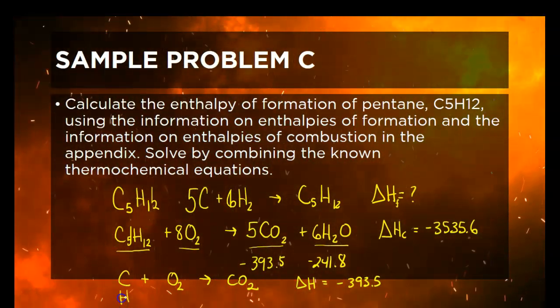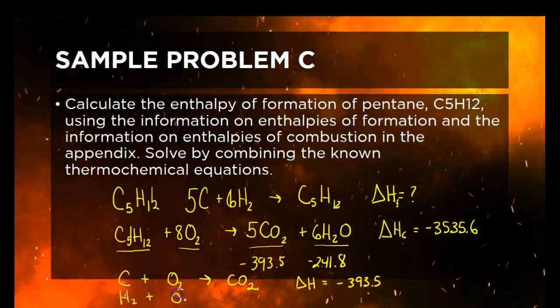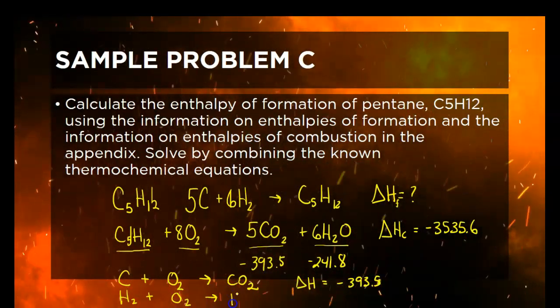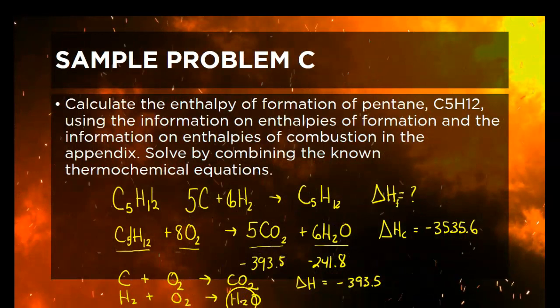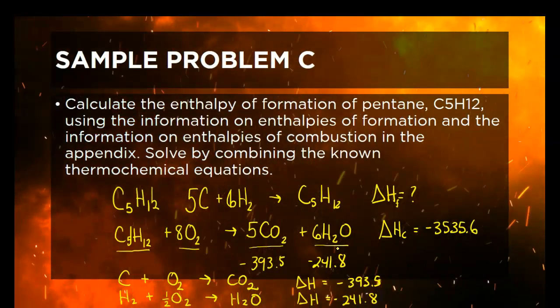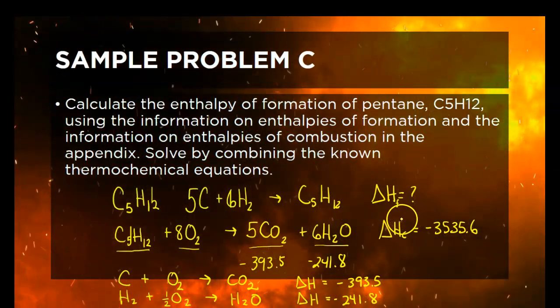H2O would be H2 plus O2 gives me H2O. I have too many oxygens on the left to make 1 mole of H2O, so I cut that in half. So it's H2 plus a half O2 gives me H2O. That has a delta H of negative 241.8. This is all in kilojoules per mole.